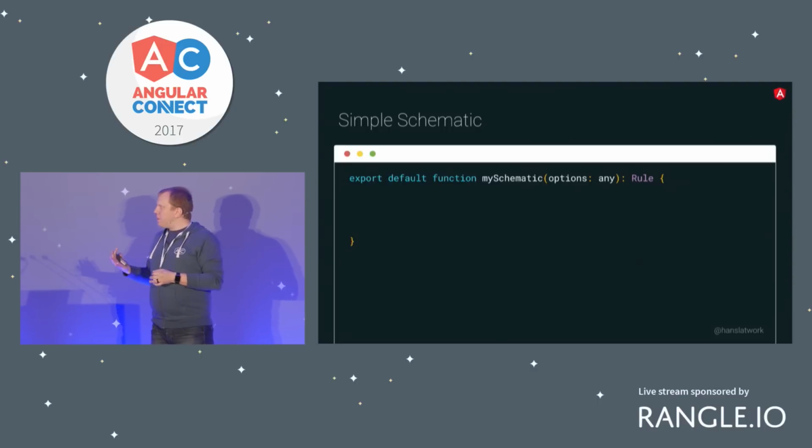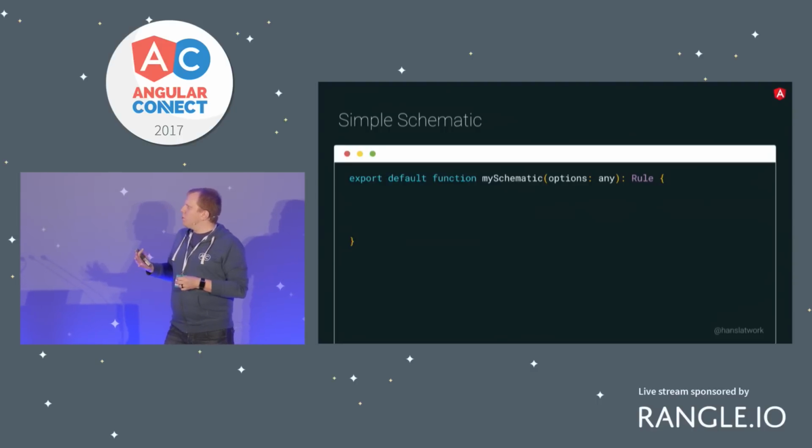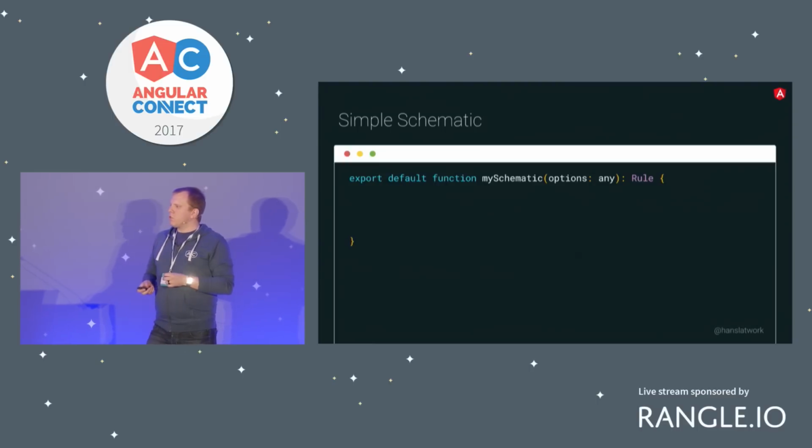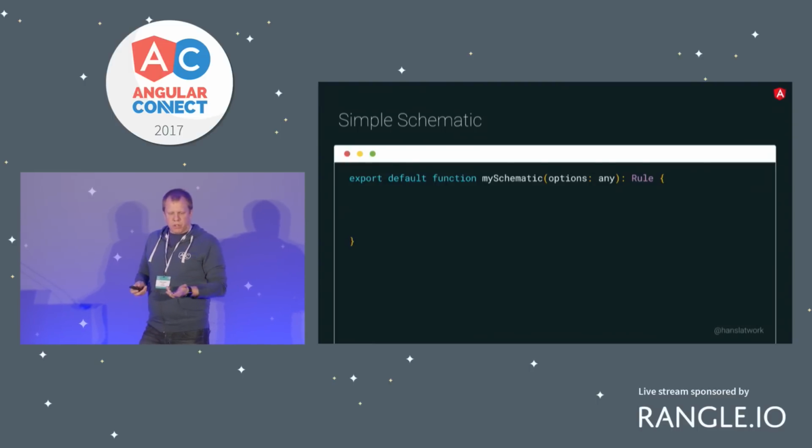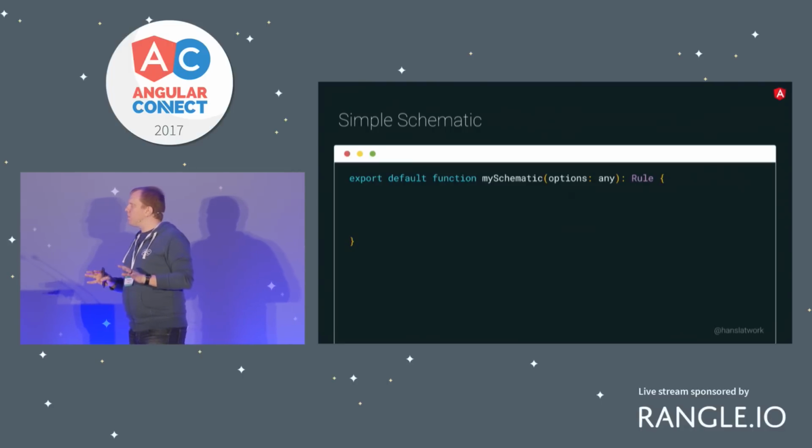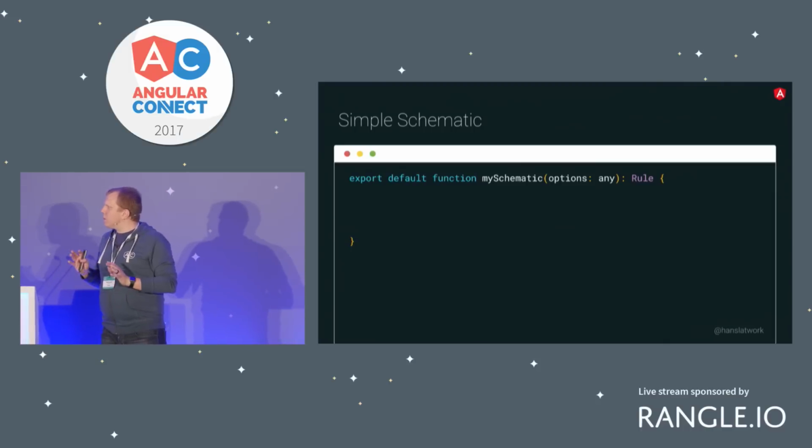So a little bit of code. I want to show you guys a little bit how to create a schematic. The way you create a schematic is you define a rule factory, and don't freak out about the word factory. It's basically just a function that takes options.